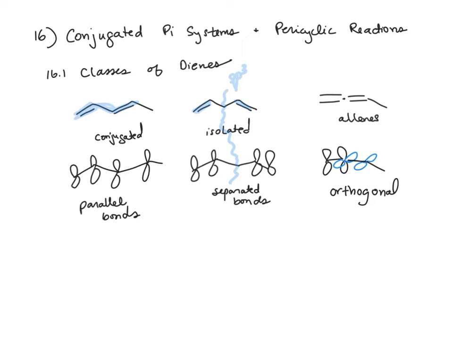The third type of diene that we will encounter is one in which there are 2 pi bonds spread over 3 carbon atoms, and these alkenes are orthogonal, so they don't interact because the second double bond has to be at a 90-degree angle to the first one.